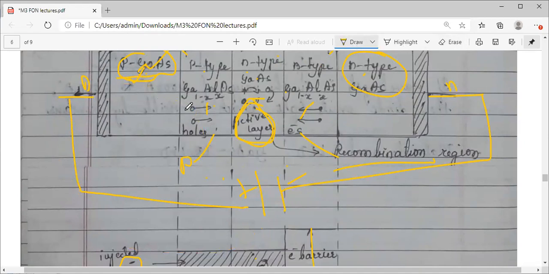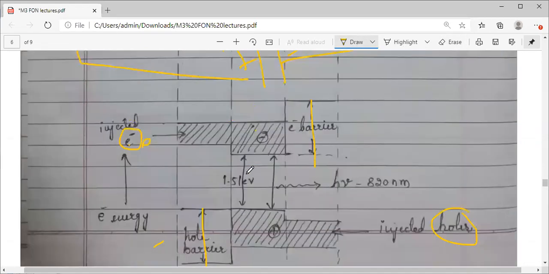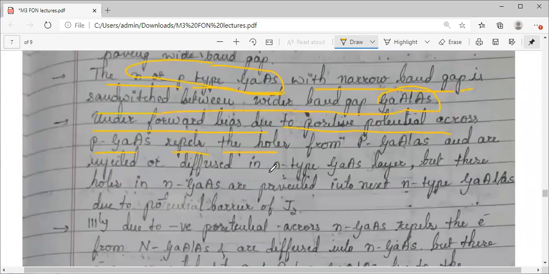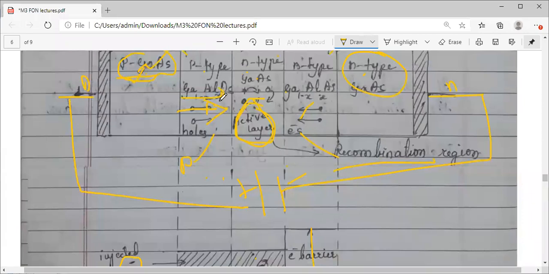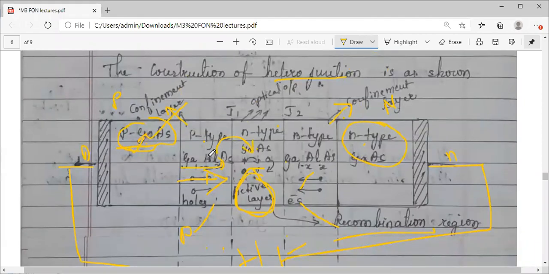Because of the repulsion, they will be moving in this direction, and they are injected or diffused into the N type gallium arsenide layer, the active layer. They will move in this direction and get diffused from a region of higher concentration to a region of lower concentration. It is called diffusion. So they will be diffused or injected into the active layer.